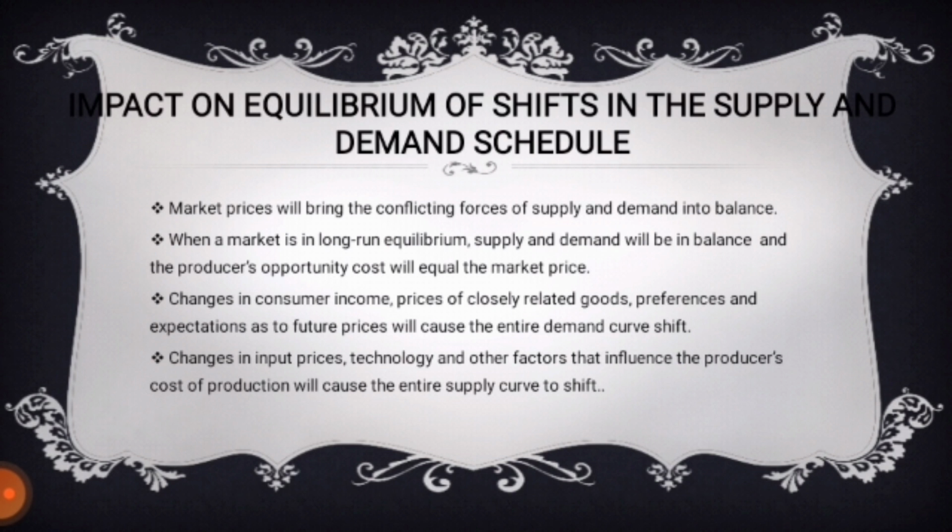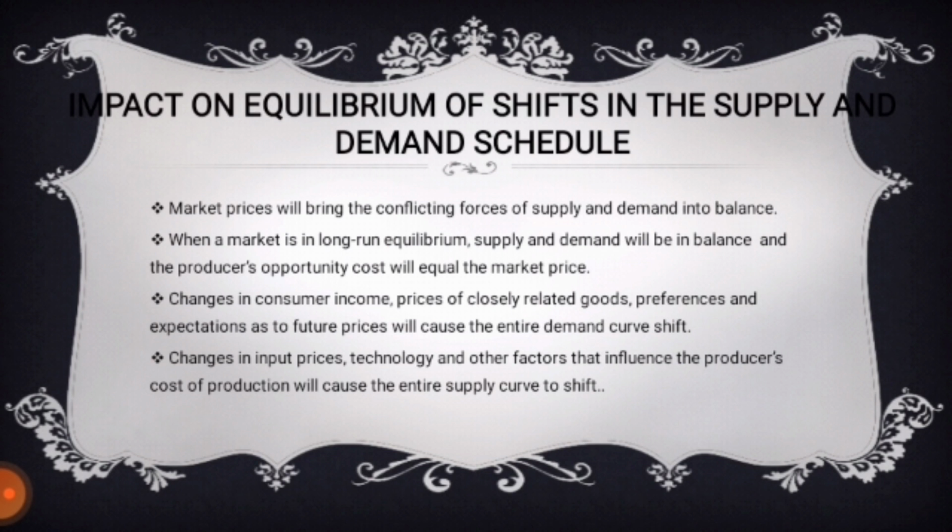The second is when the market is in a long-run equilibrium, supply and demand will be in balance and the producer's opportunity cost will equal the market price. If the opportunity cost of supplying the good is less than the market price, profits will accrue.